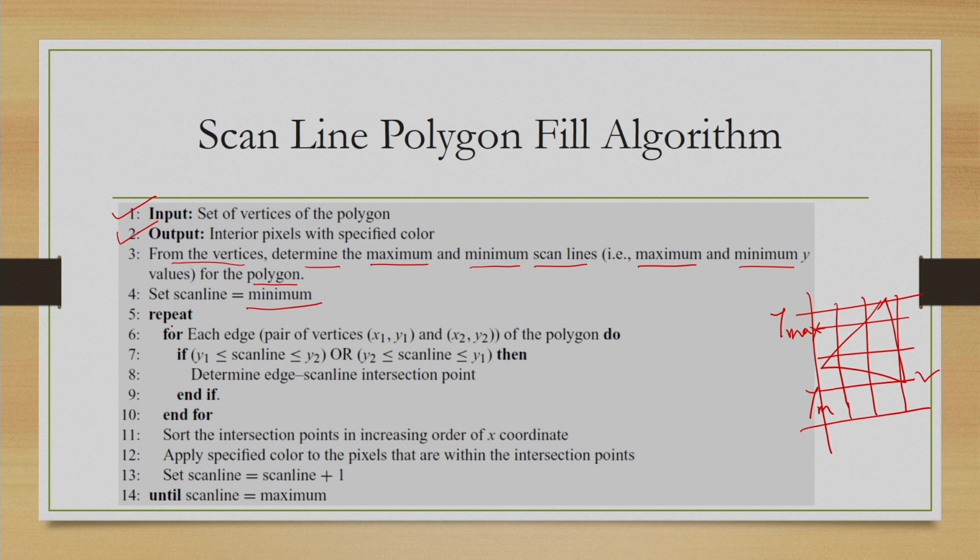And then we enter into a loop and continue in the loop until we reach the maximum scan line as shown in this loop condition. So, in the loop what we do, for each edge or the pair of vertices of the polygon, we go for a check. If the scan line is within a certain range defined by the y coordinates of the edge, then we determine the edge scan line intersection point.